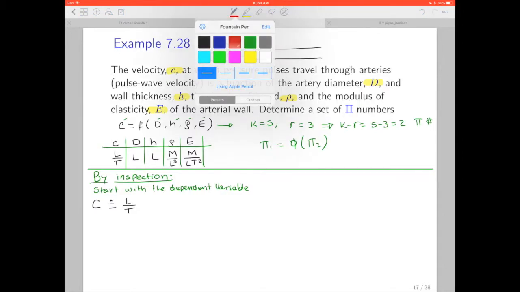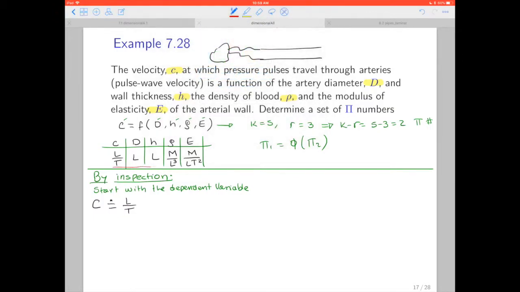So if we look at the original set of variables that we have here, we can see that the only one with time is going to be elasticity. The elasticity modulus has time in the denominator and it is squared.